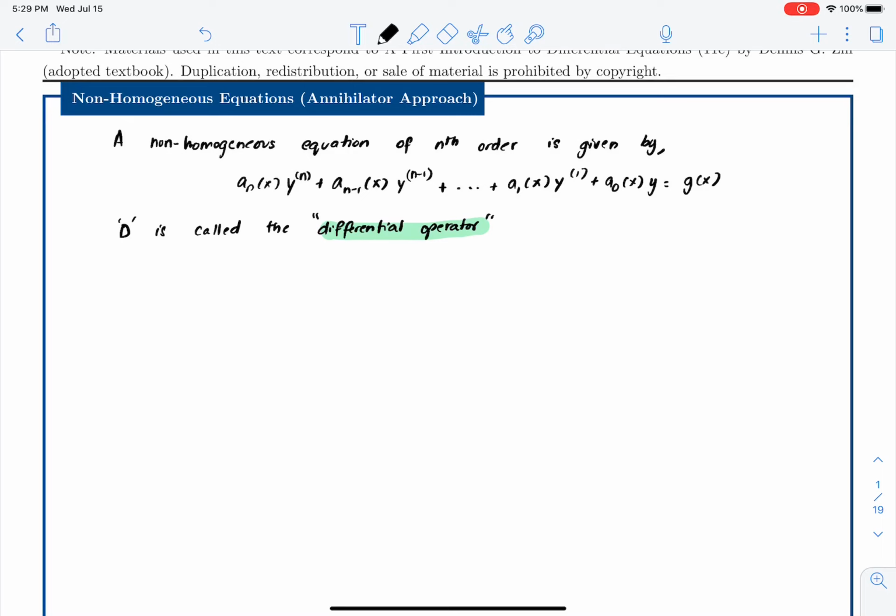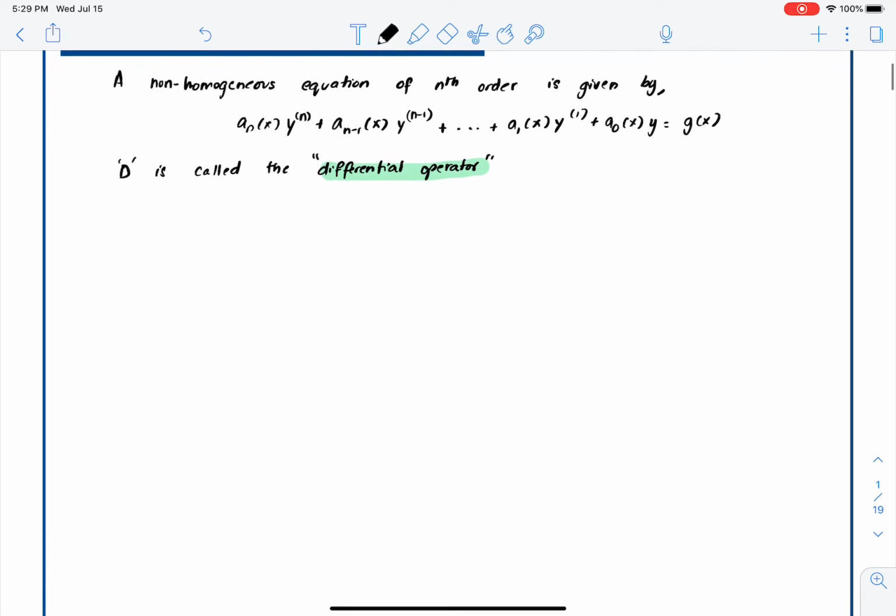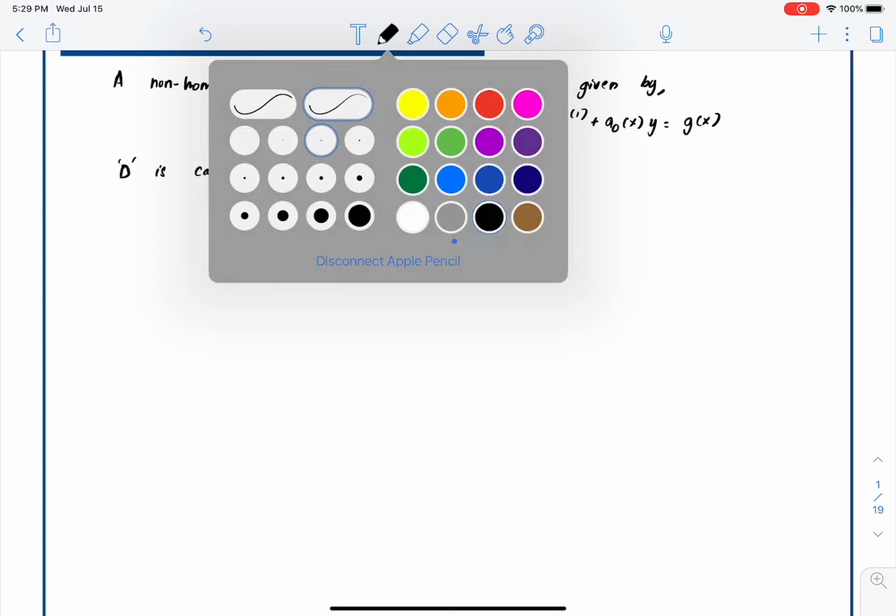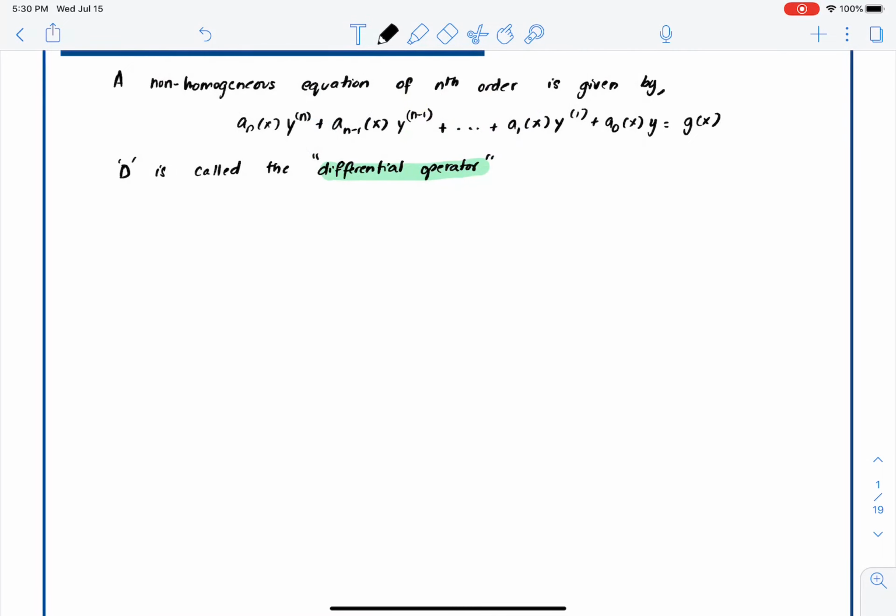It even shows up in time series. So the purpose is to rewrite the equation in terms of the differential operator.